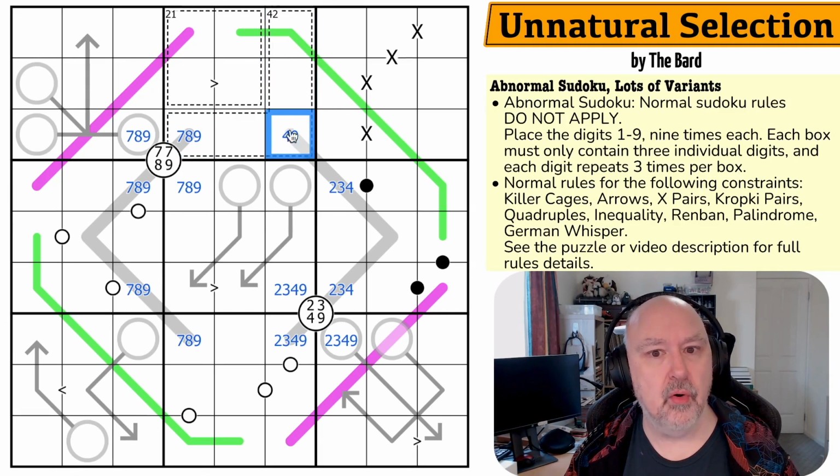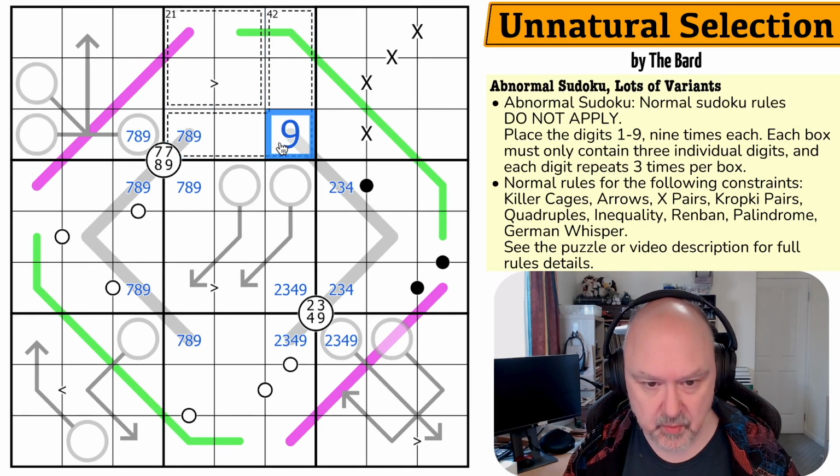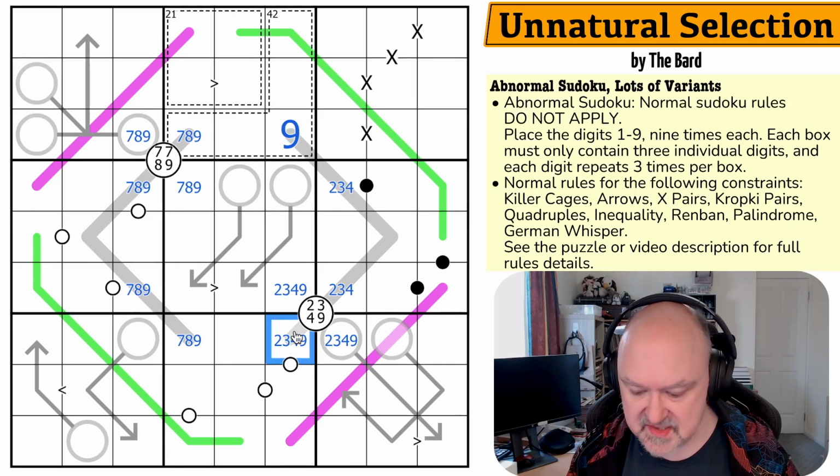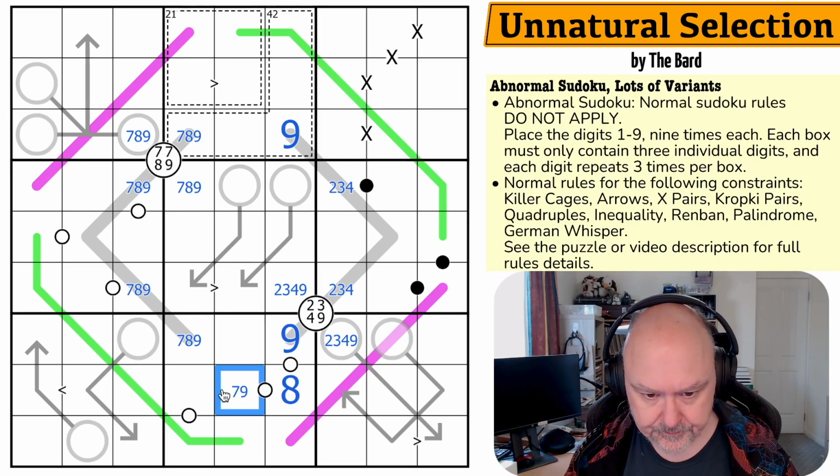I can't even do 4, because if I put a 4 here, the other digits would need to get to at least 38, but the maximum is 27 plus 8, which is 35. This must be one of the 9s. So this is a 9, which by consecutive dot means this is an 8, which by consecutive dot means this is 7 or 9.